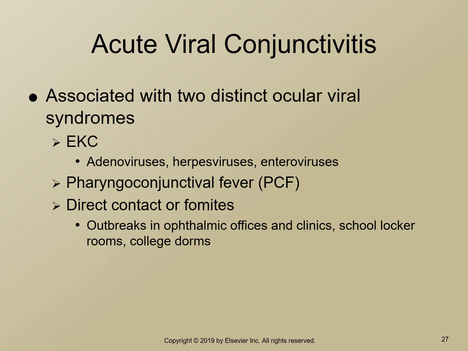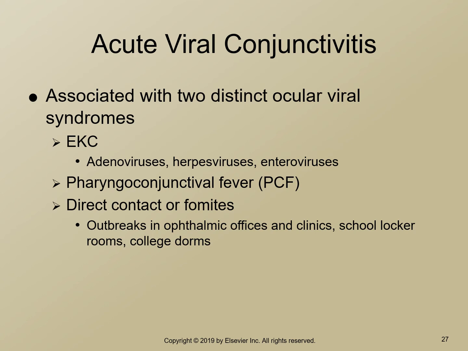Acute viral infections are attributed mainly to adenoviruses, herpesviruses, or enteroviruses. The adenoviruses are responsible for two distinct ocular viral syndromes, EKC and pharyngoconjunctival fever, also known as PCF. EKC is a contagious disease and associated with adenoviruses type 8 and 19, but recovery of serovars 7, 9, 10, 11, 14, and 16 has also been documented.